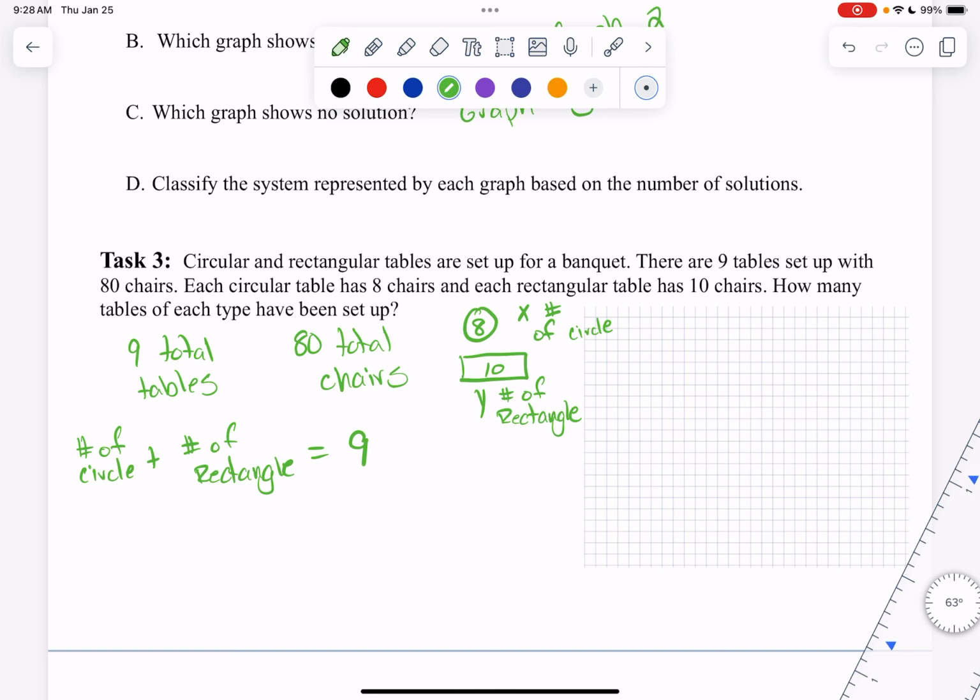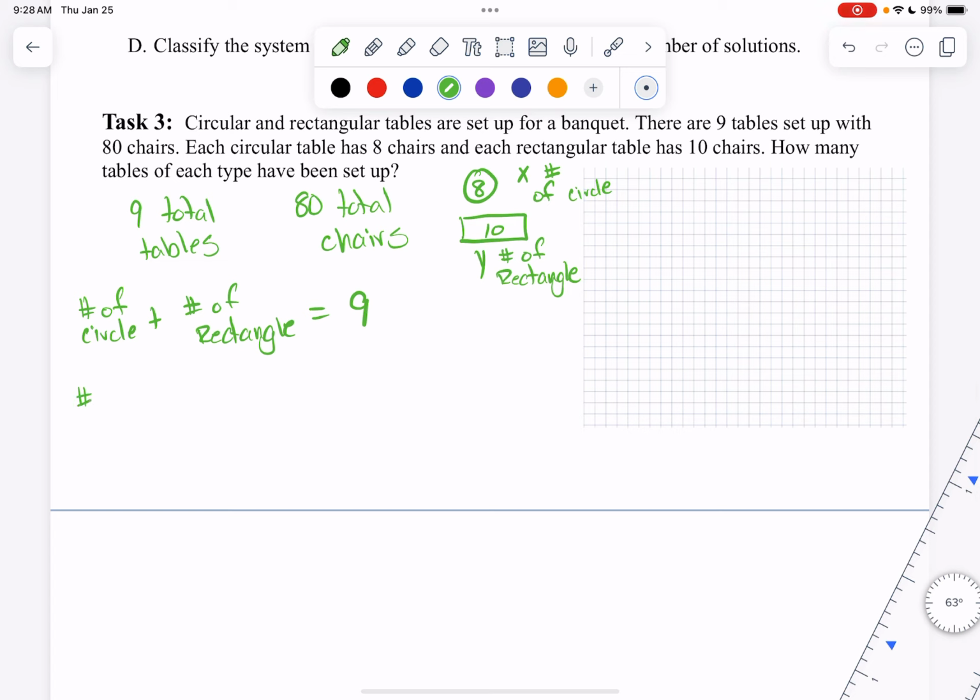Okay. So the number of chairs at circle tables plus the number of chairs at rectangle tables has to equal 80. Because again, we have 80 total chairs.